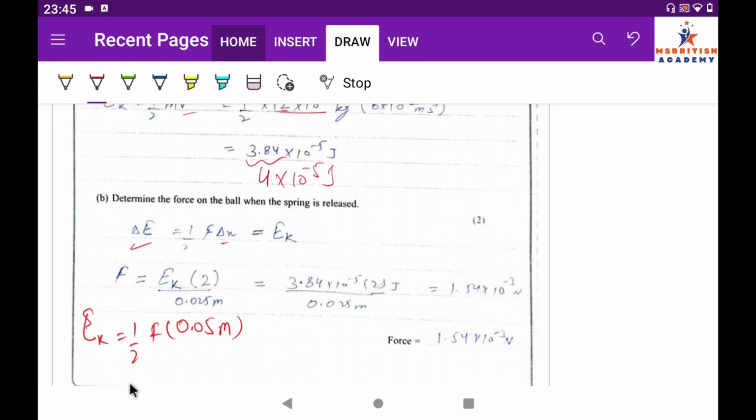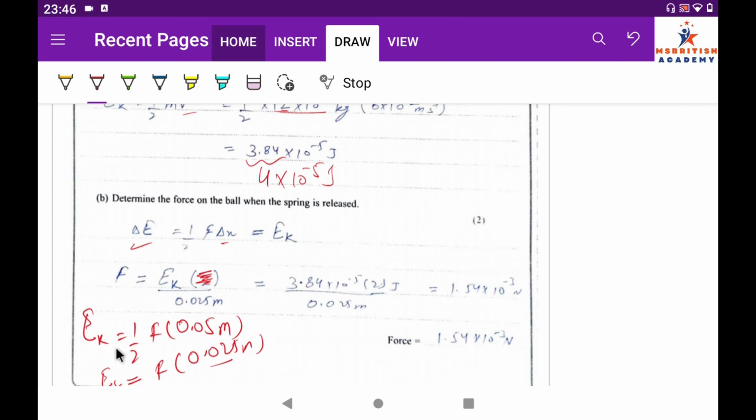So it will be kinetic energy divided by 0.025 meters. So now the F will be equal to kinetic energy divided by this.